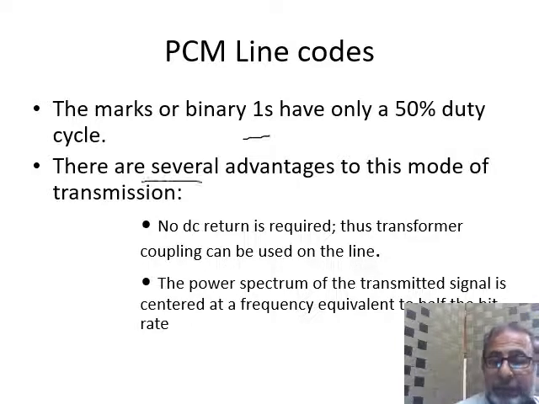There are several advantages to this mode of transmission also. Number one, there is no DC return required. Thus, transformer coupling can be used on this line. The power spectrum of the transmitted signal is centered at the frequency equivalent to half the bit rate.